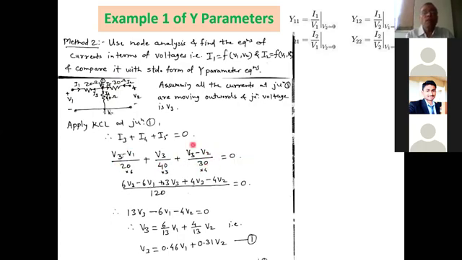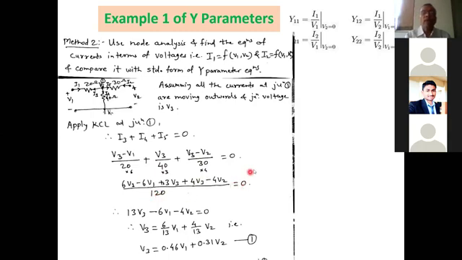Now this is the current equation in terms of voltages. Now find out the LCM of this. So it is 120. Multiply this numerator by 6, this numerator by 3, and this numerator by 4, so that you will find 6V3 minus 6V1 plus 3V3 plus 4V3 minus 4V2, divided by 120, equal to 0.